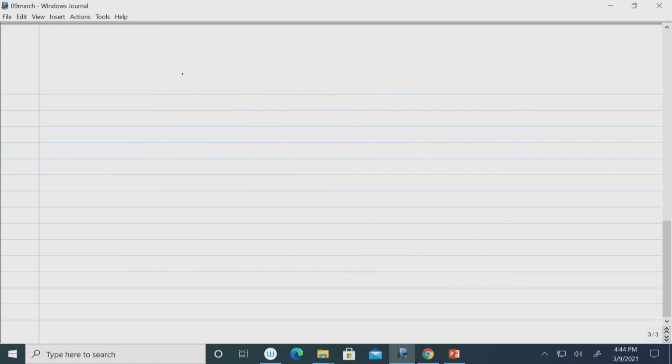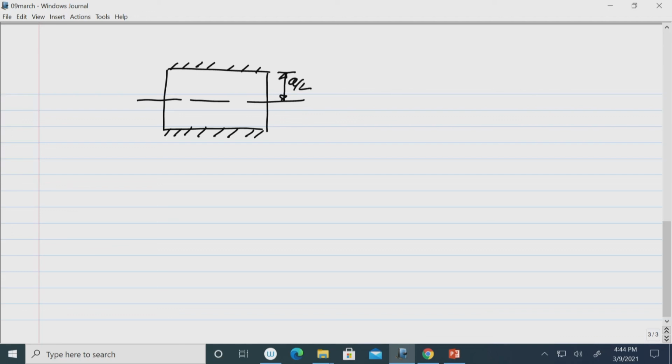Since the plate was clamped along the two other edges, this is a clamped condition, this is also clamped, this is a by 2, and this is also a by 2, and this is simply supported. And this length I am also taking as a, because it is a square plate.